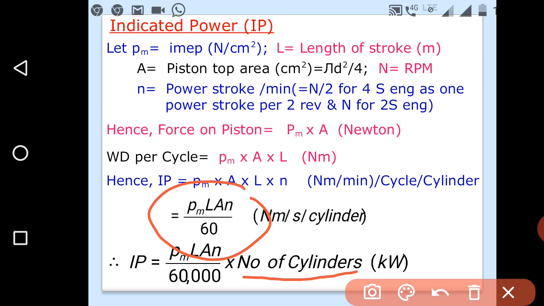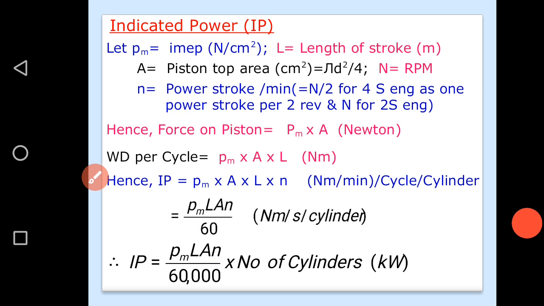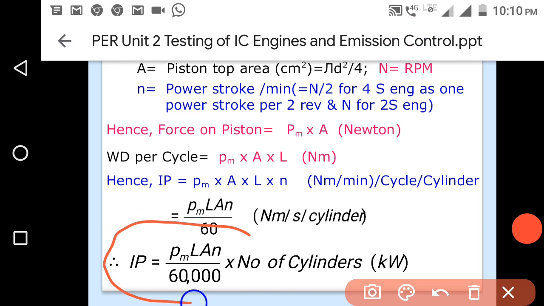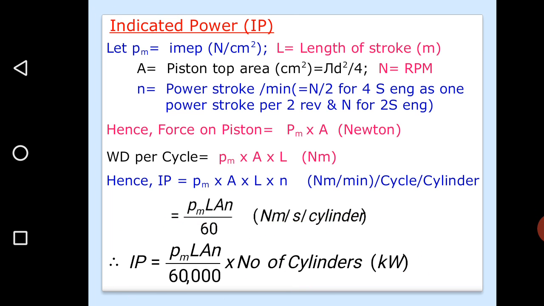As we take N in terms of RPM, which is not an SI unit, we convert it into RPS by dividing by 60. We already discussed this in the previous lecture, and this is the basic formula for calculating the indicated power.